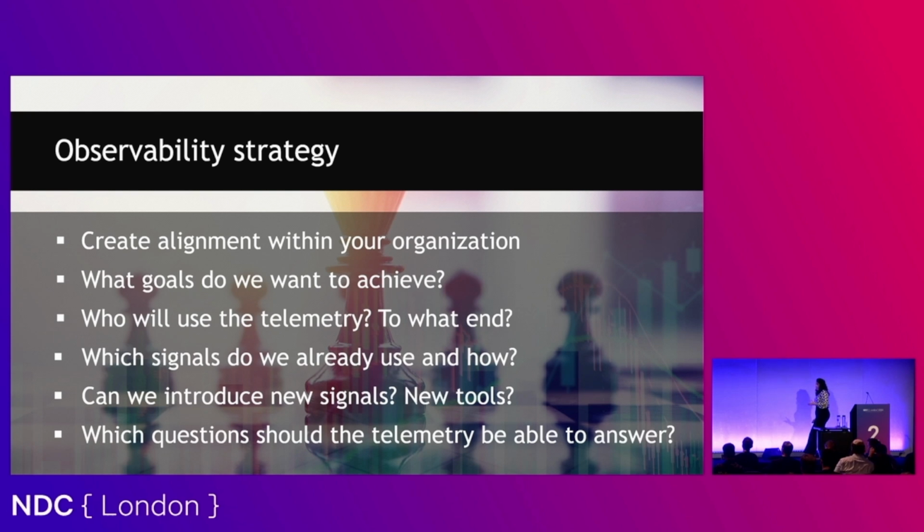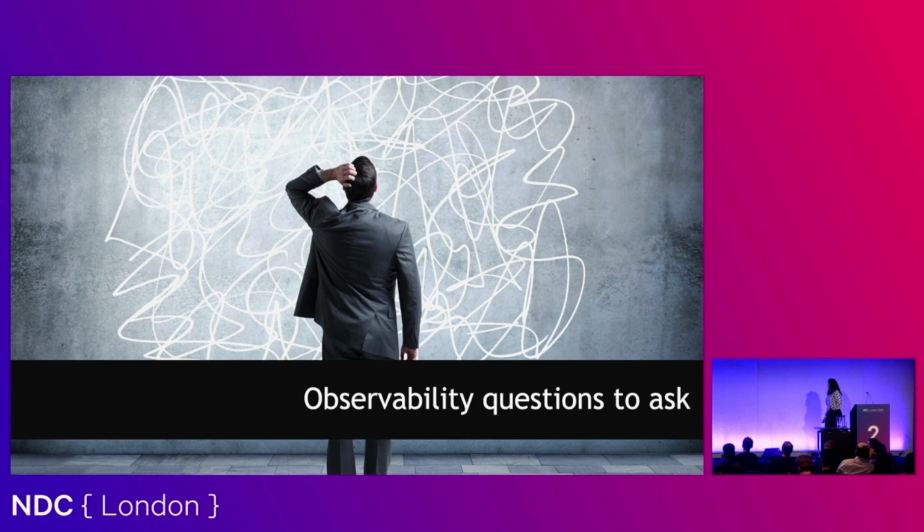And then finally, what I also always recommend is to have a couple of questions ready that can give you insight into what this telemetry should actually be able to answer for me. I'm going to give you a couple of examples. The first one that I like to bring up is, okay, who's ever gotten a ticket to fix an issue and then tried to reproduce it, and it's like, yeah, well, it works on my machine.